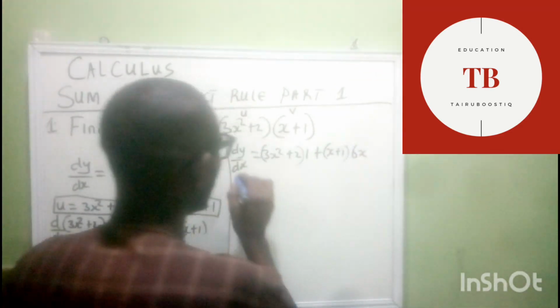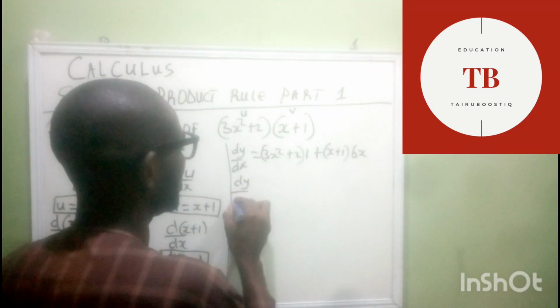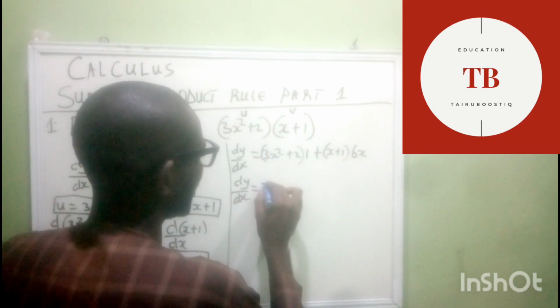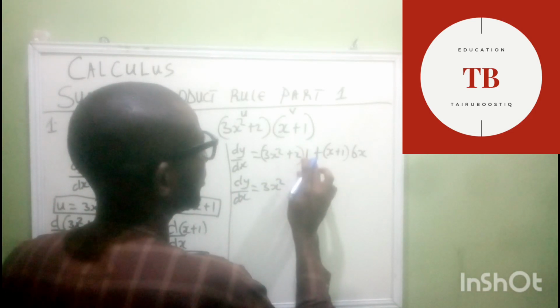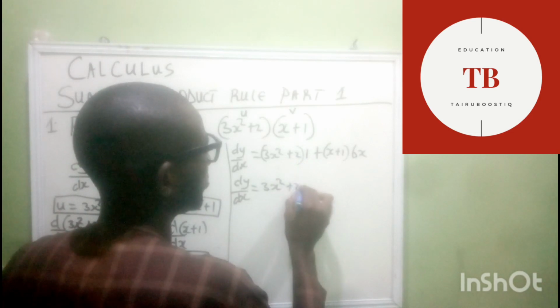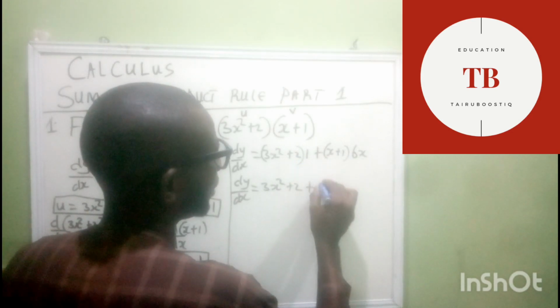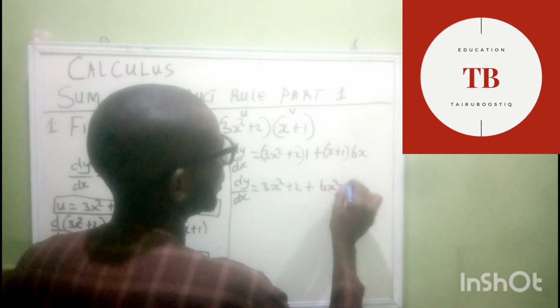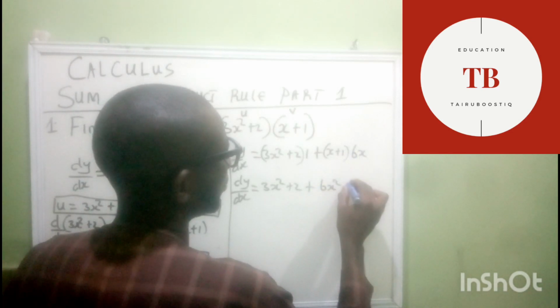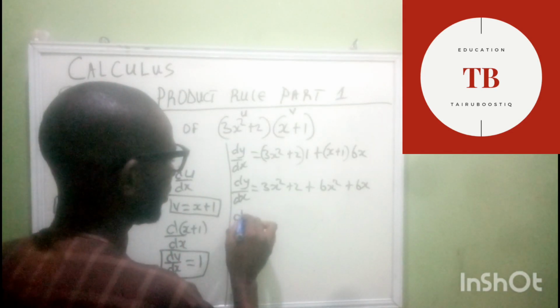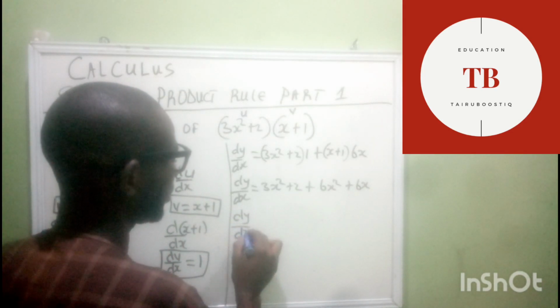The next thing is for us to open the bracket by having 1 times 3x squared, which is still 3x squared. 1 times plus 2 is still plus 2. Then 6x times x will give us 6x squared. And 6x times plus 1 will give us plus 6x. The next thing is the collection of like terms.